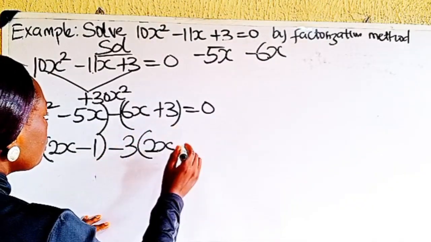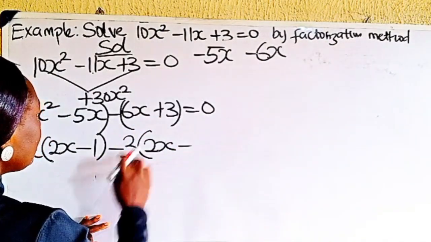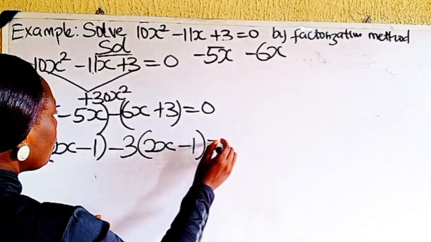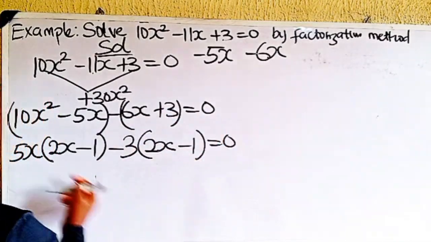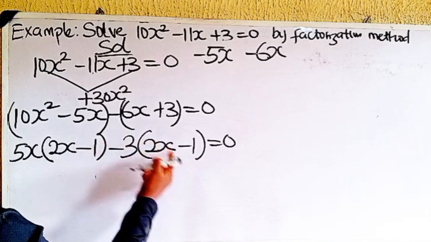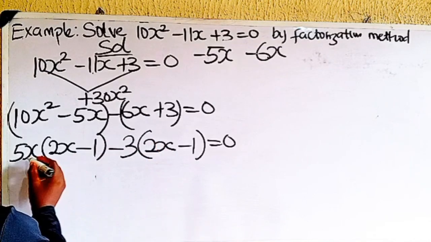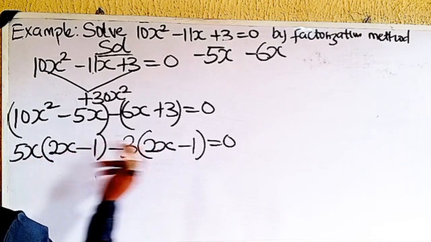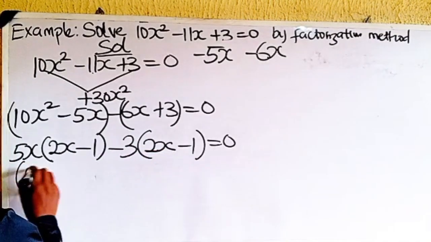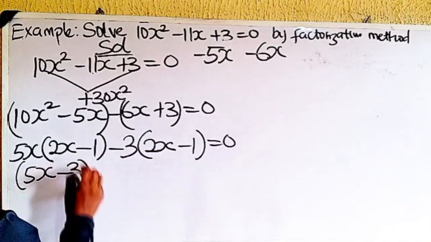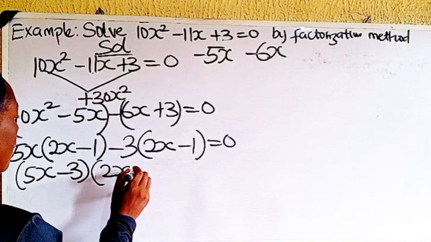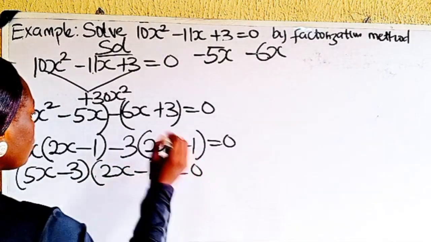Minus and plus coming together, I'll have minus 3 divided by 3 is what? 1, equal to 0. Now you can see that the two terms in the bracket are the same. So I have to pick this and any one of these. So I have 5x minus 3 into 2x minus 1 equal to 0.